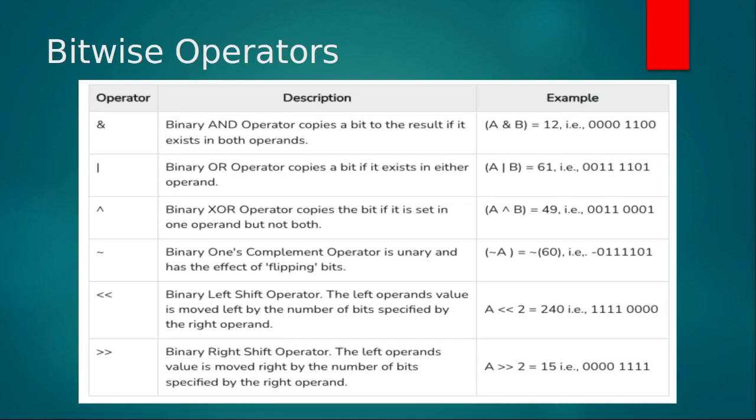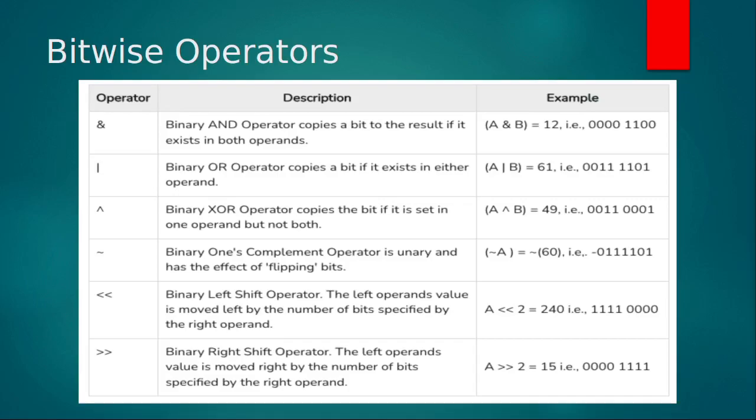If and only if exactly one of the bits is 1 will it result in 1. However, if both bits are 1 or both bits are 0, it will result in 0 at that particular bit.